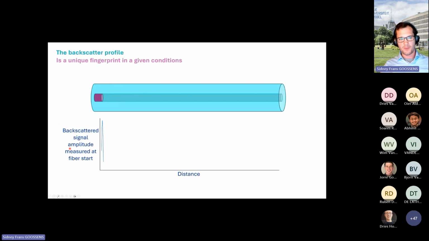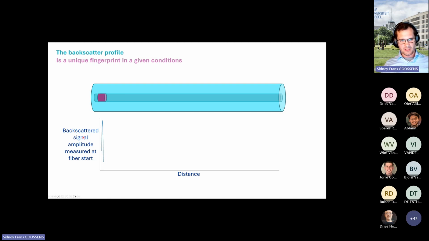Well, if we inject a pulse of light into the optical fiber, we will look at the start of the optical fiber, which light is scattered back from the optical fiber, and we will measure that in function of time. And because we know the speed of light in glass, we can plot this in function of distance.